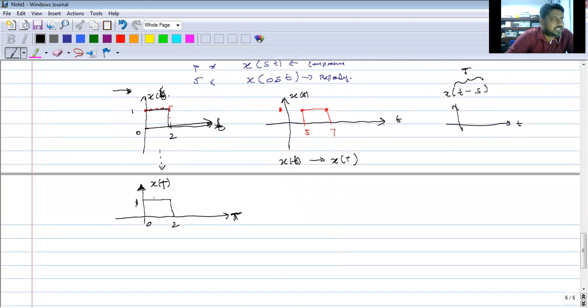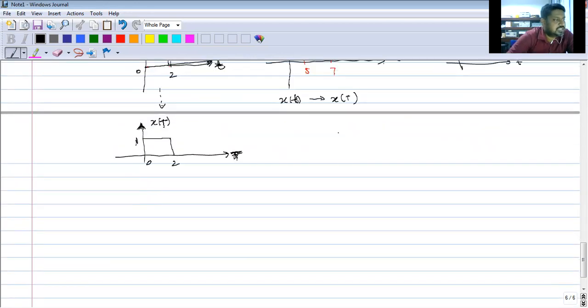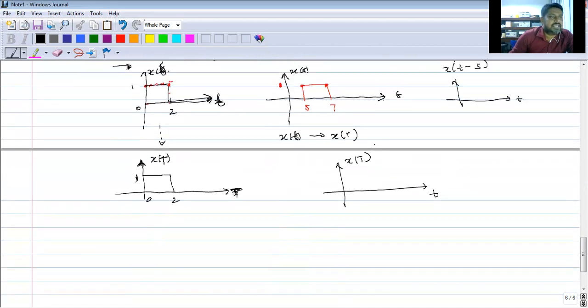to sketch this signal with respect to capital T. We want to sketch this x(T) with respect to simple t, actually. In that case, you will not get the same signal as x(t), x simple t.